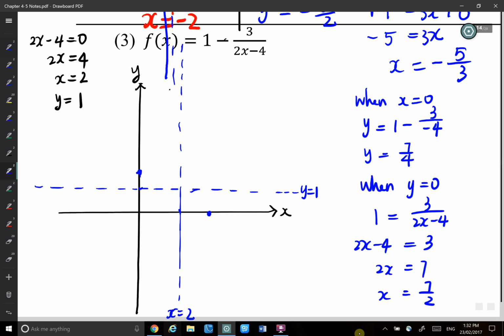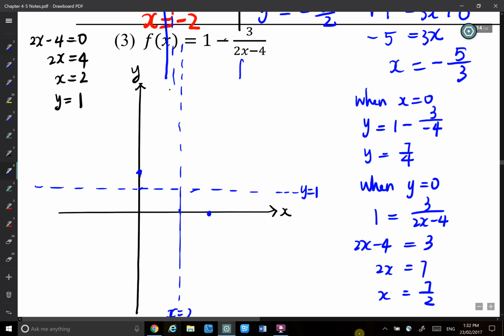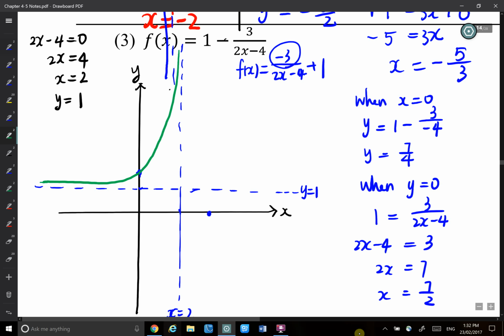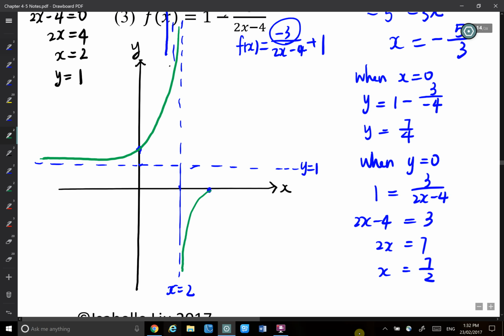If we see here, f(x) equals negative 3 over 2x minus 4 plus 1, so the a value is negative, so it should be in the second and fourth quadrant. So my graph will look like this, parallel in the end. That point is 7 over 2 comma 0 and 0 comma 7 over 4.